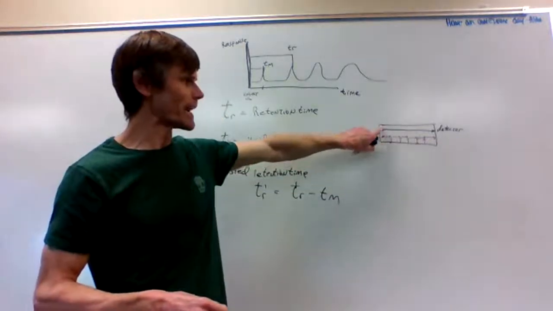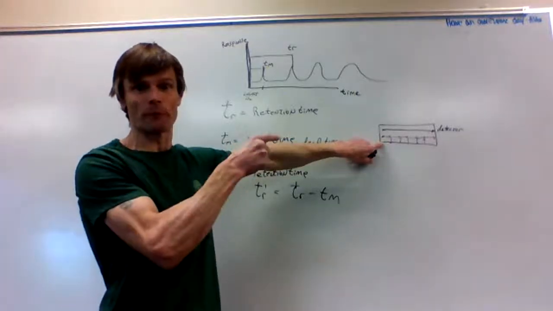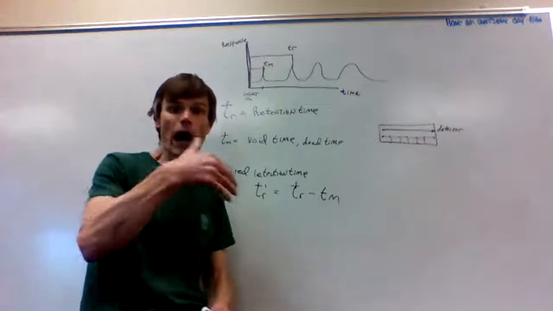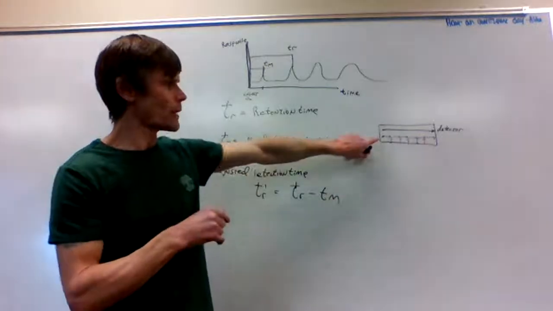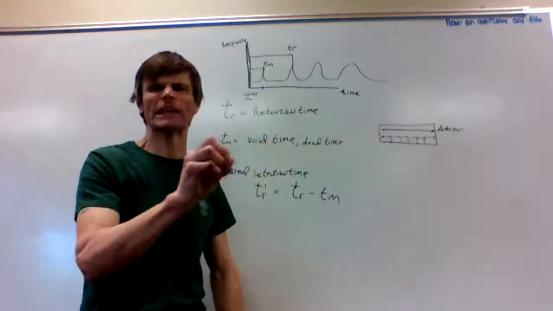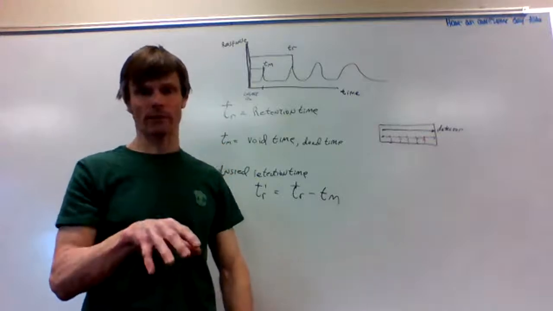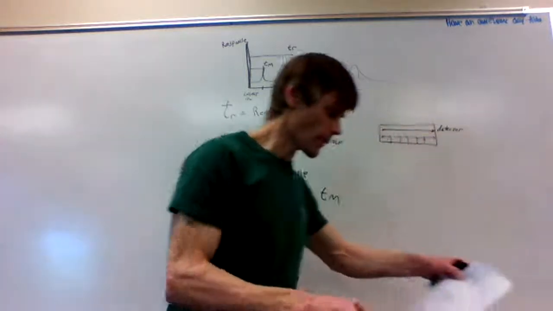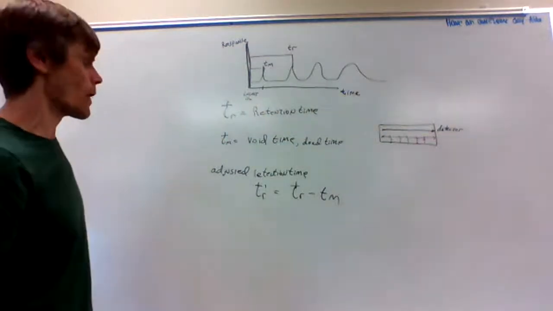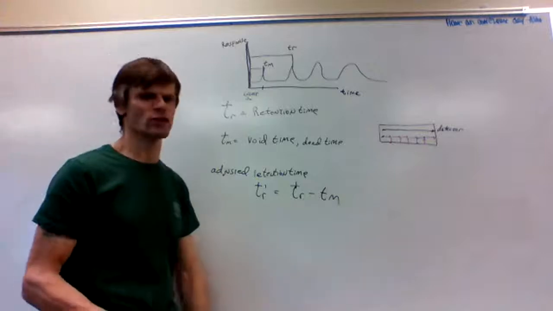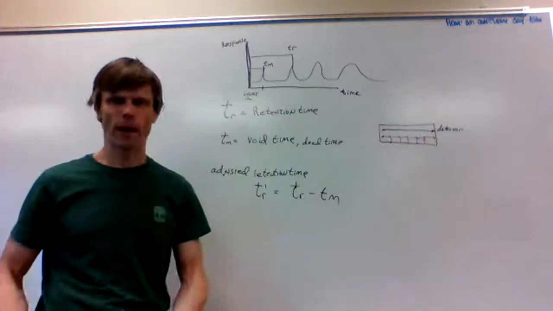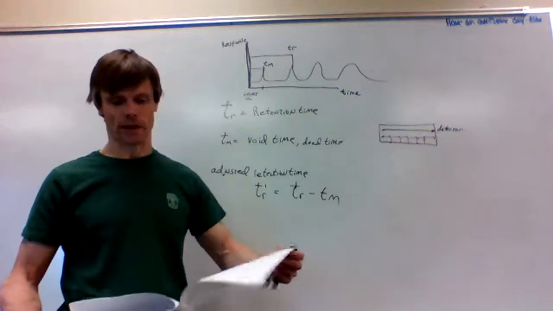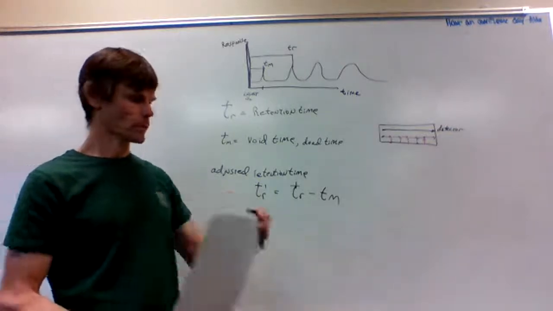But if we subtract that from the total time that our retained species is, it tells us a little bit about how long that red species actually interacted with the stationary phase. And that's really important information. So that's the reason why we use the adjusted retention time. It gives us information about how long an analyte is going to be experiencing the stationary phase.